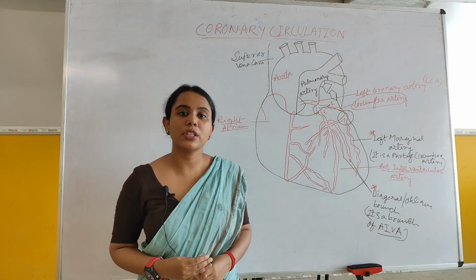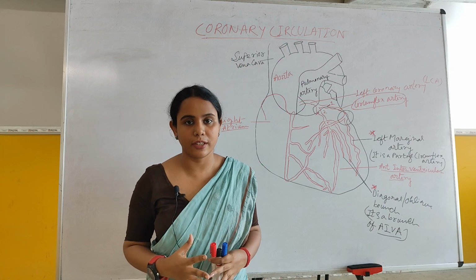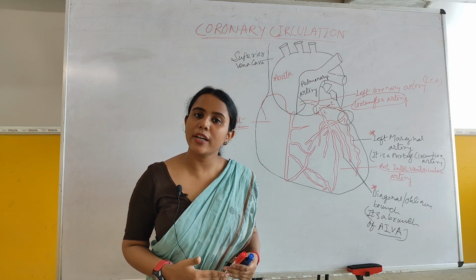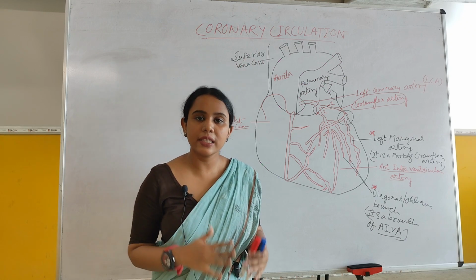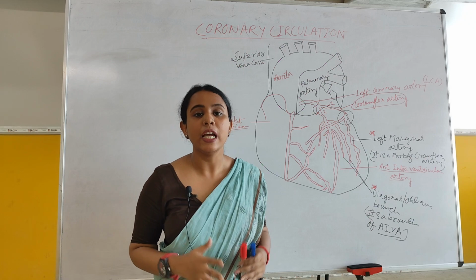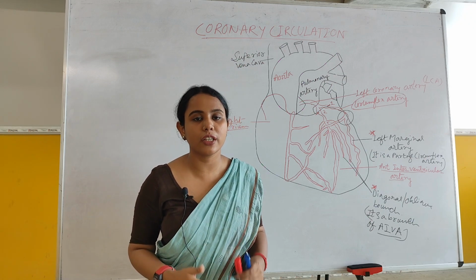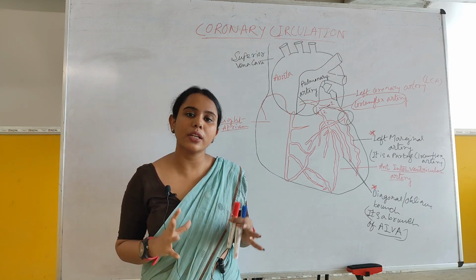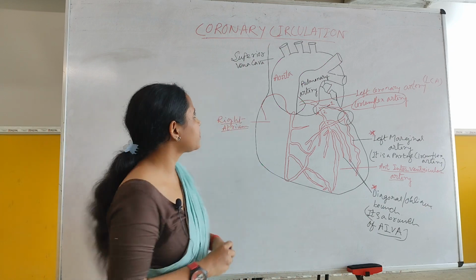In this section we will study the whole story together. What I have discussed till now, the right coronary artery and left coronary artery and their branches. In this video we will see these two arteries, their courses and their branches together, so that it will help you memorize the whole story together. So let's check it.